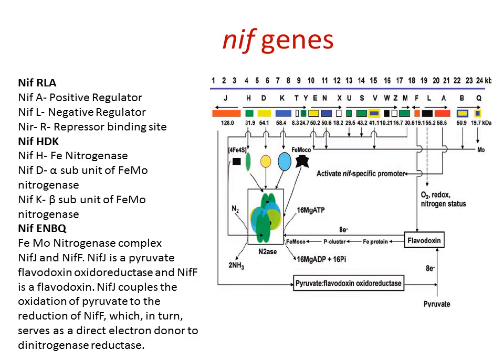This negative regulator, the NIF-L gene, becomes activated when the concentration of oxygen inside the cell increases, or if the ammonium production increases, which may also be toxic to the cell. At that particular moment, NIF-L becomes activated and codes for a protein called repressor protein.